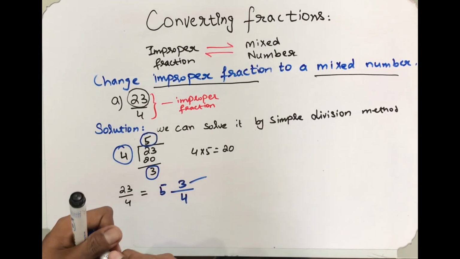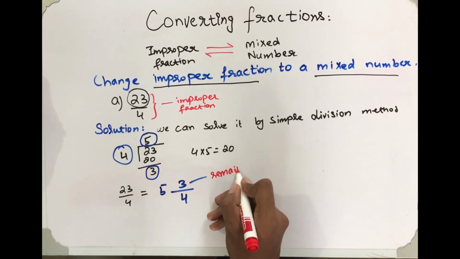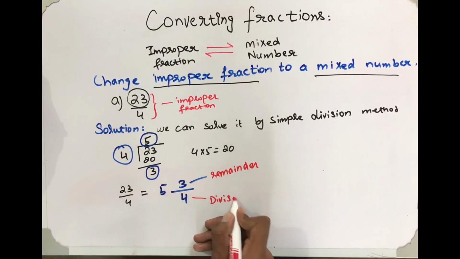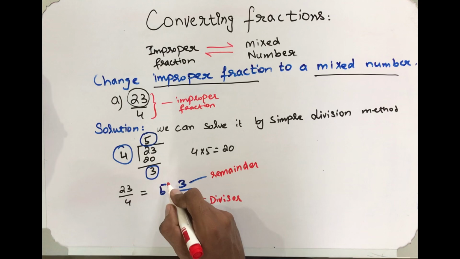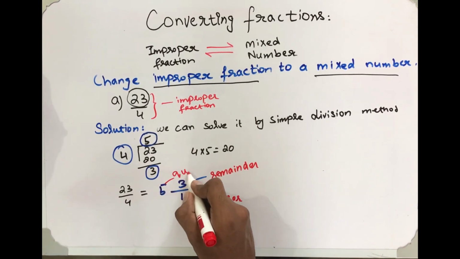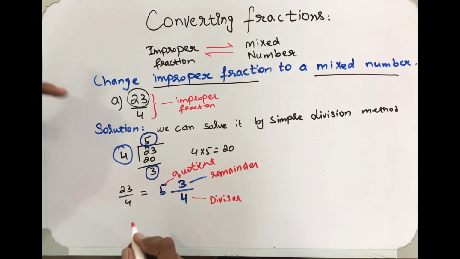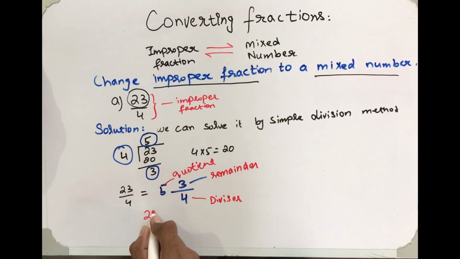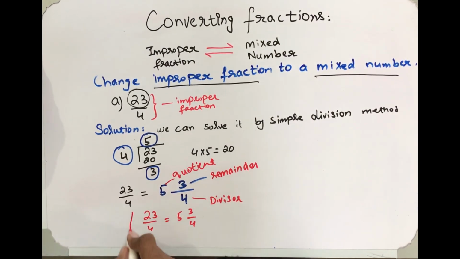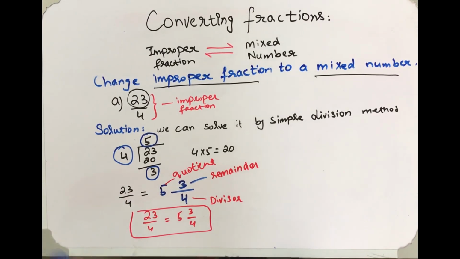This is the remainder of the division, this is the divisor, and 5 is the quotient. So we can write 23 upon 4 as 5 whole 3 by 4. So this is how we can convert an improper fraction into a mixed number.